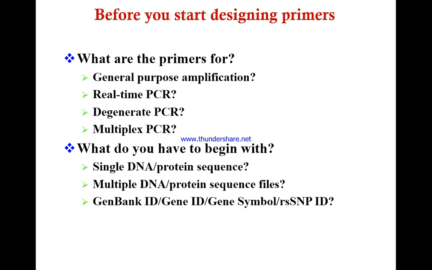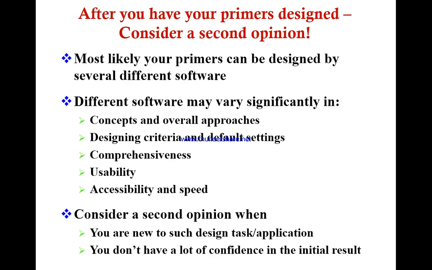Moving on, what do you have to begin with? A single DNA or protein sequence, multiple DNA or protein sequences, sequence files, GenBank ID, gene symbol, rsSNP ID. After you have your primer designed, consider a second opinion. Most likely your primers can be designed by several different software tools, so we can first make some primers artificially on the internet, and then order our primers.